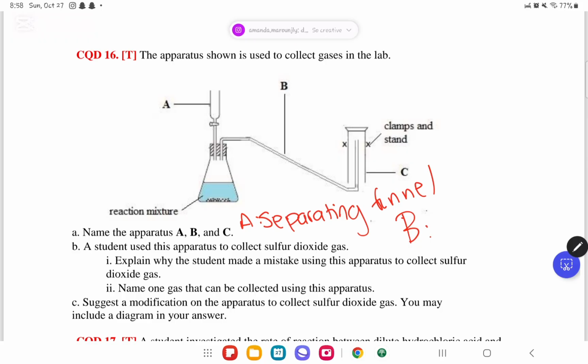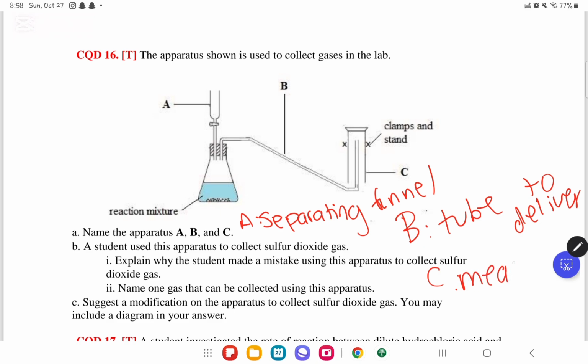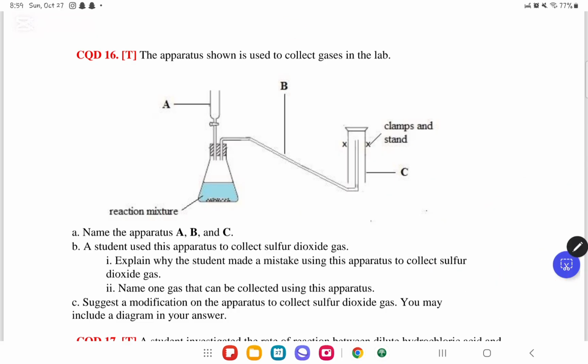B is a delivery tube. And C, I think, is a measuring cylinder. So that's part A done. Part B: a student used this apparatus to collect sulfur dioxide gas. Explain why the student makes a mistake using this apparatus.